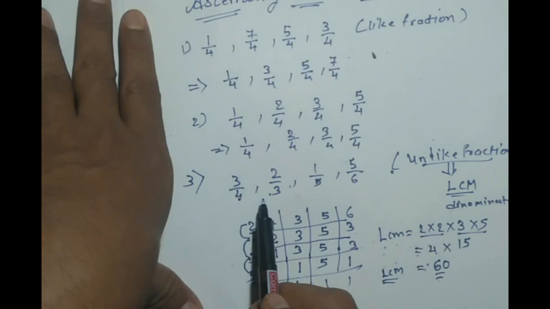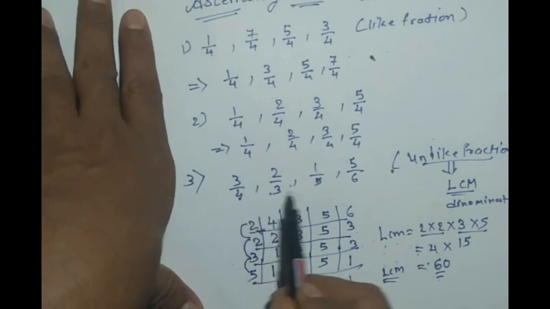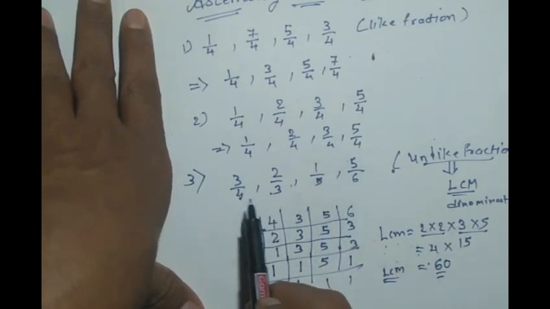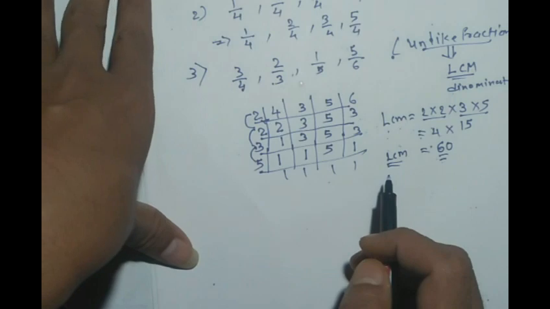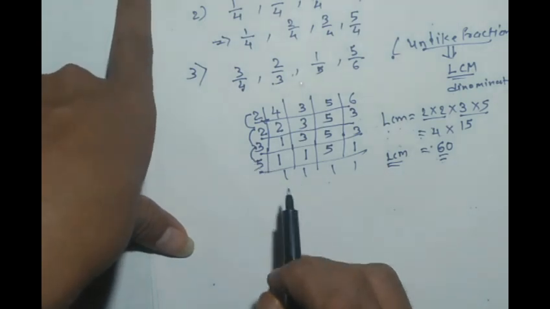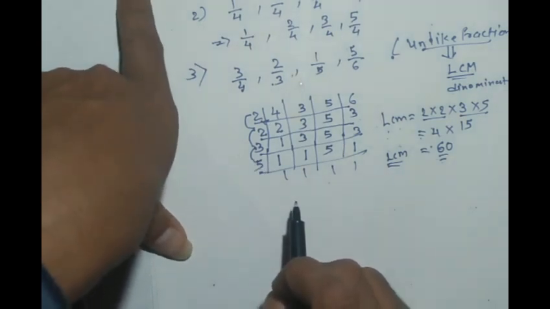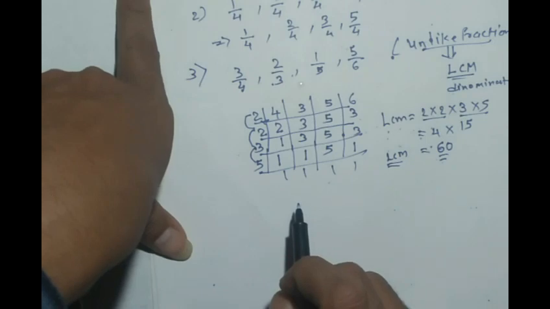So how can we bring 60 as the denominator at every place of the fraction? For that we have to multiply the given denominator by a number in such a way that we get 60 as the denominator.